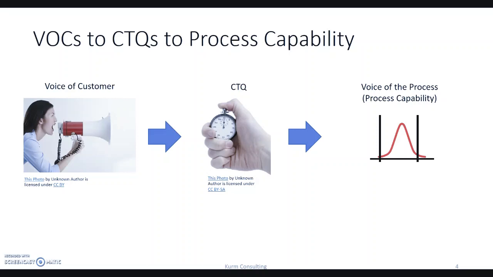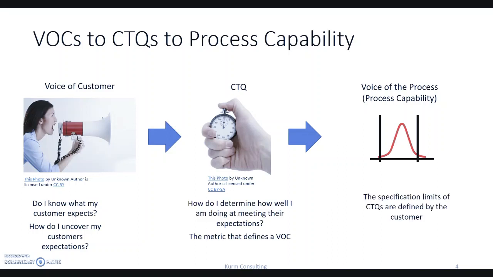And then of course the final distribution you see on the right there is the voice of the process. So how well are you meeting that customer need? Now you're bringing in things like specification limits. When you get to the voice of the process, based on what the customer wants and the fact that we're measuring things like temperature or time for a cup of coffee, what are the customer's expectations that will drive a spec?